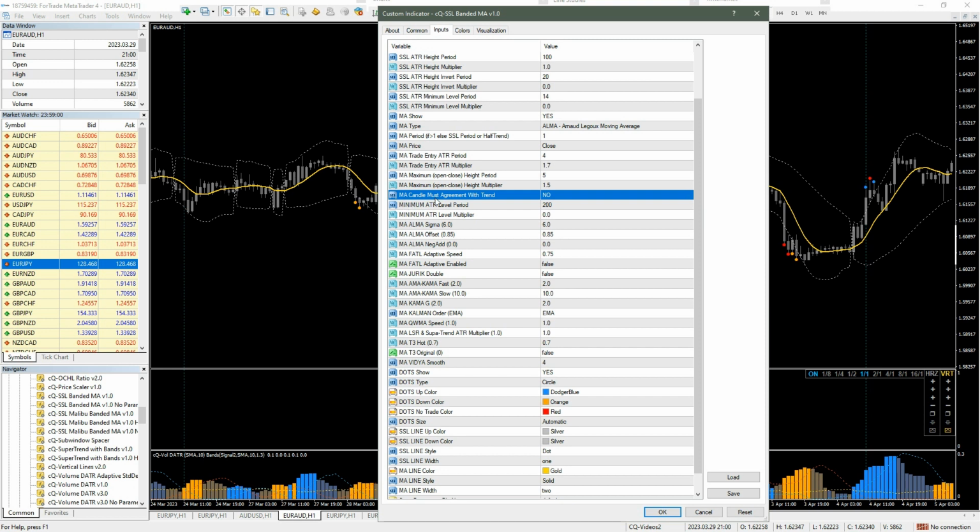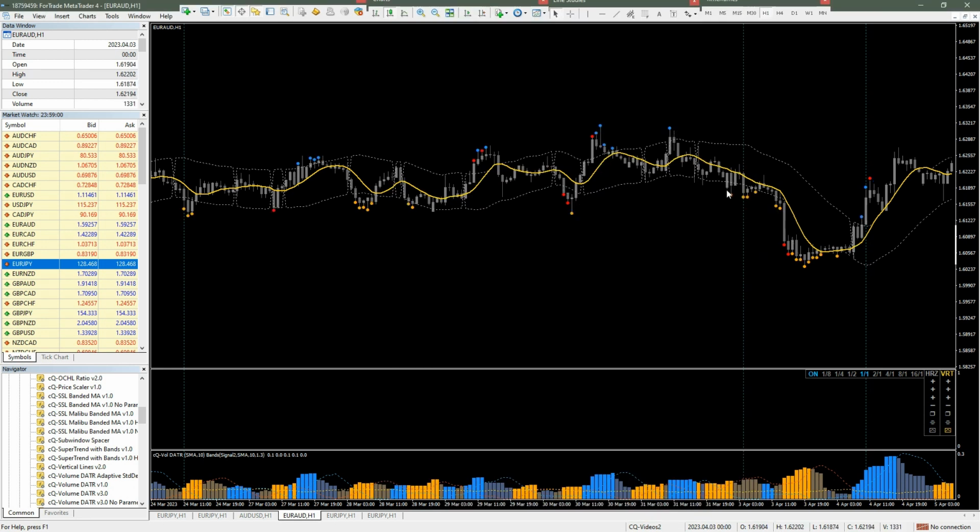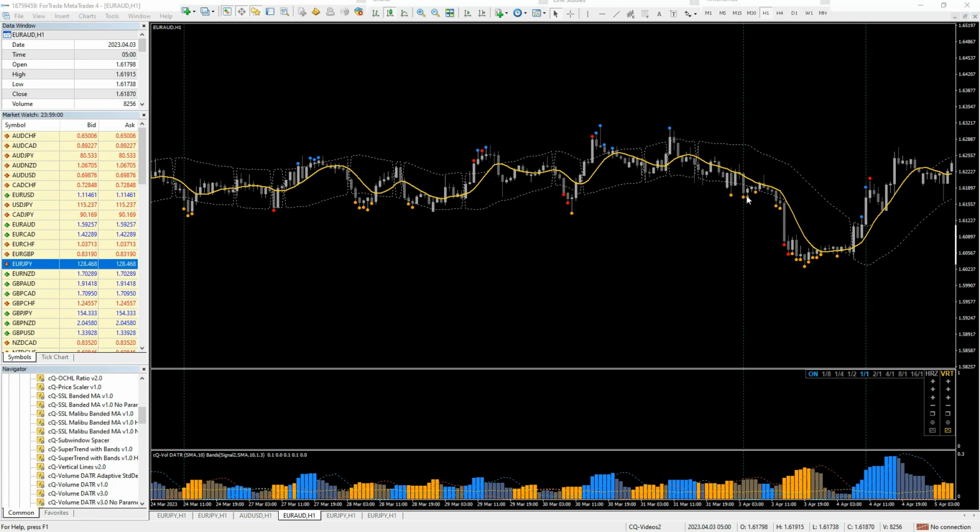And this MA candle must agree with trend. What it does is, you see this candle here, we're in a downtrend. There's your first orange dot. This candle is up.